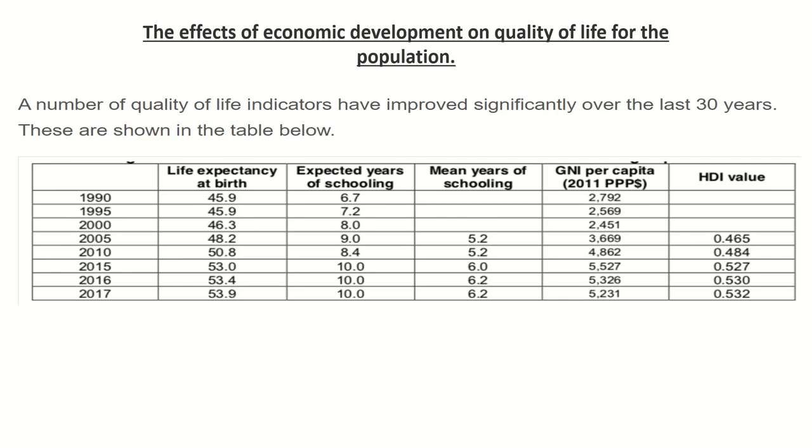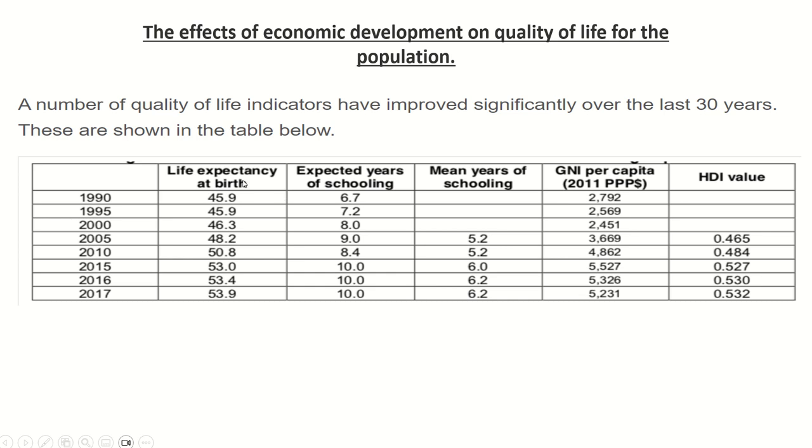The other thing that is maybe potentially tricky is talking about the effects of economic development on quality of life for the population. Now, this here shows a table of Nigeria between 1990 and 2017.